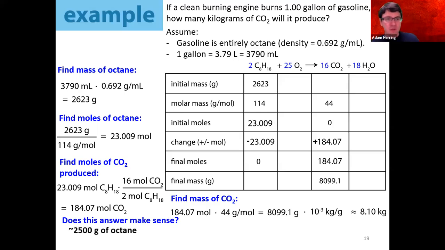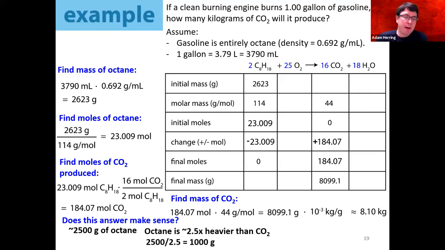We started with just about 2,500 grams of octane from our initial calculation. When you compare the molar masses of carbon dioxide to octane, we see that octane is much heavier. In fact, it's about 2.5 times heavier than carbon dioxide. So just based on the molar masses, we might expect about 1,000 grams of product.